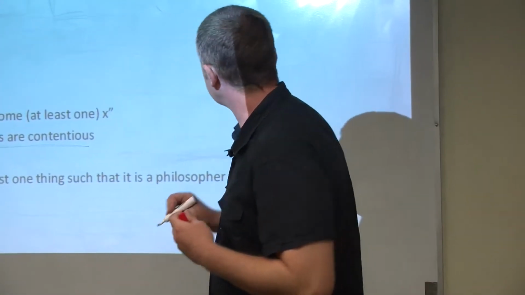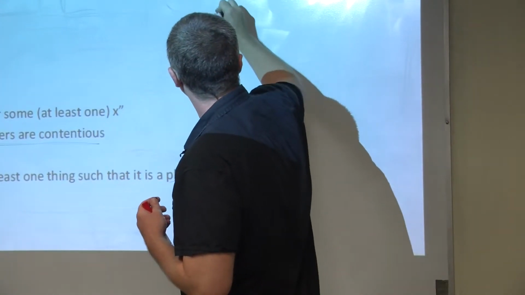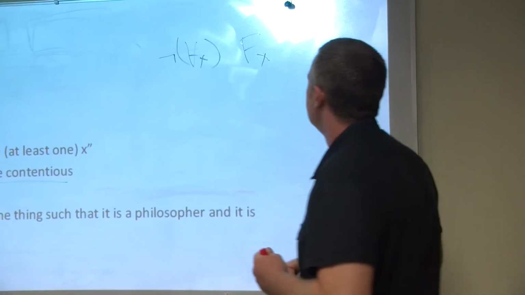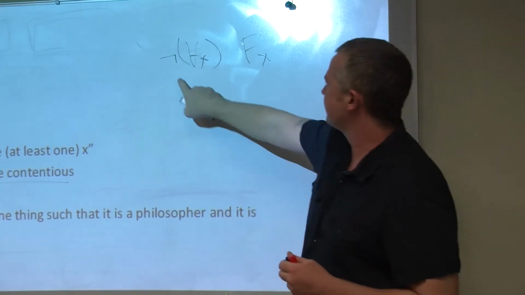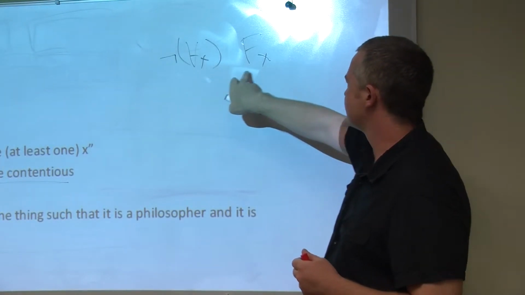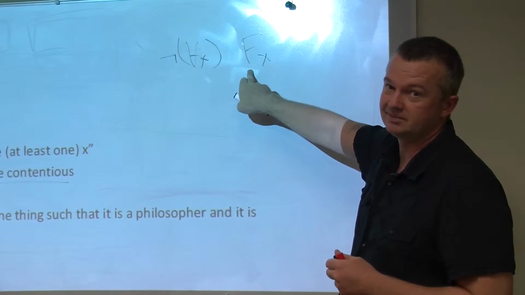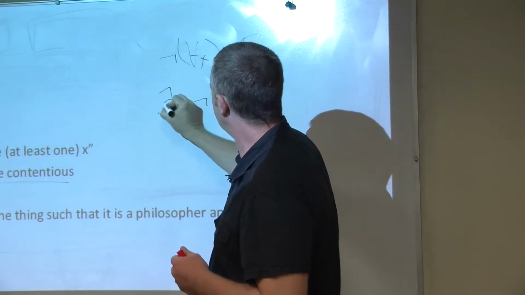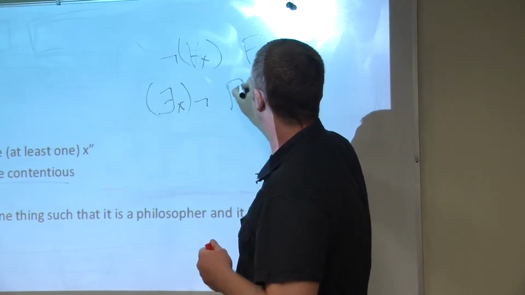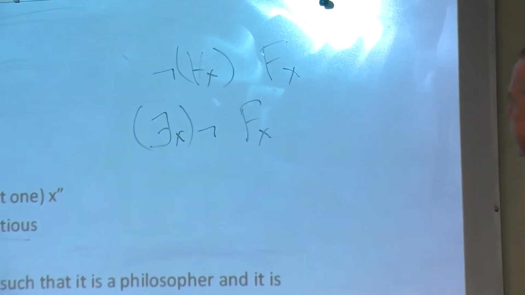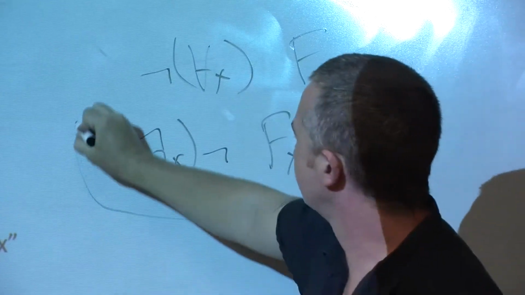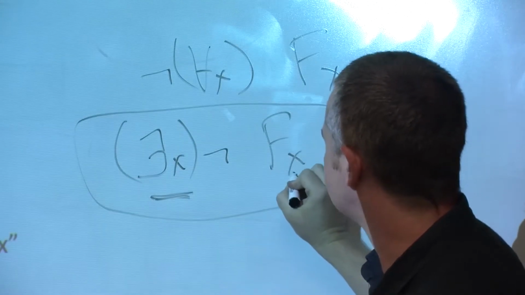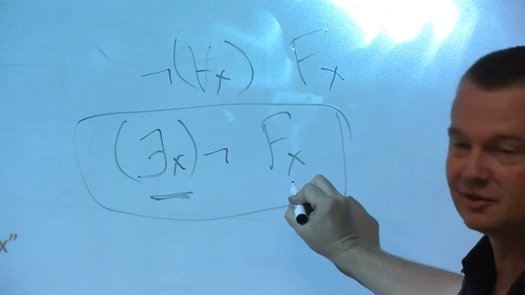So let's take, for example, I said, it's not the case that for all x, x is friendly, right? Now, look at this. What does this say here? This says, given what we've seen so far, there's some x such that it's not friendly, right?